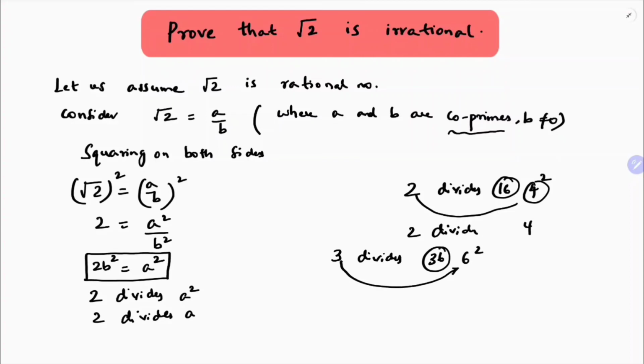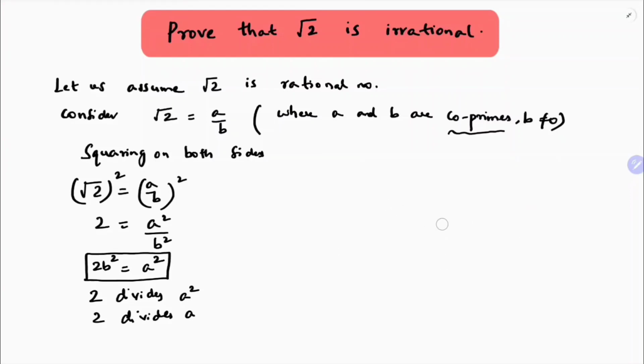In the same way, if 2 divides a square, then 2 divides a. When 2 divides a, the remainder will be 0. I'll consider the quotient as c.